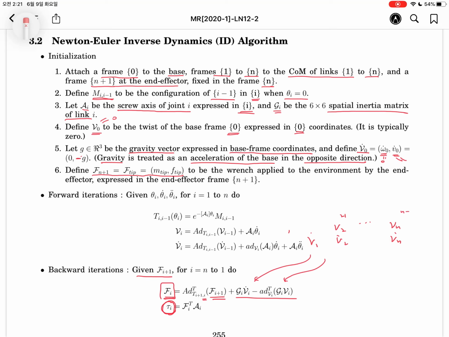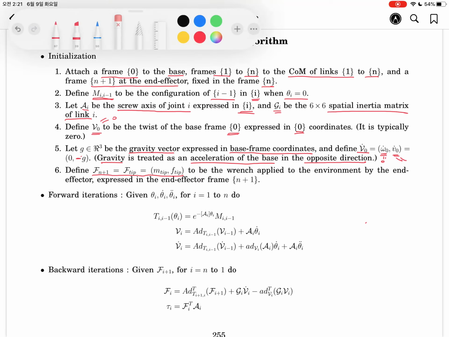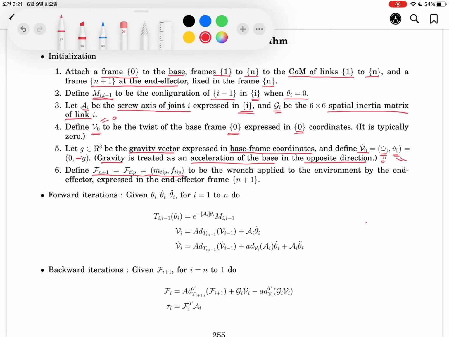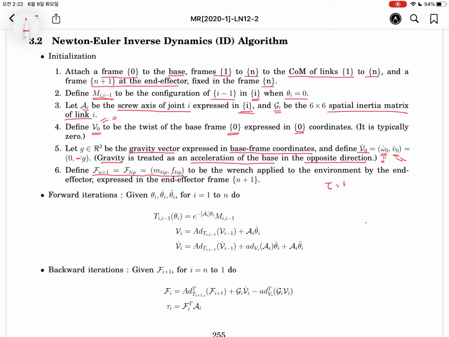Let me show you how to use this iterative method to obtain the nonlinear term and inertia matrix. Those will be used in deriving the full dynamics later. We know that this algorithm is equivalent to tau equals the inertia matrix times theta double dot plus the nonlinear term h of theta and theta dot.